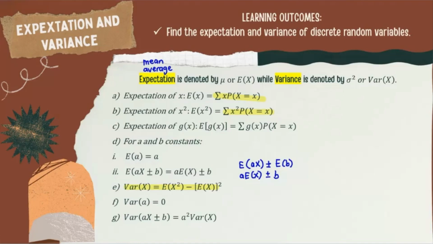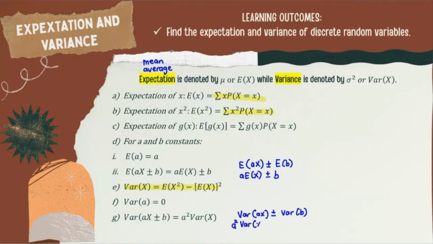So kalau saya gunakan properties yang sama seperti ini, okay, let's look. So variance of AX, it will be plus or minus with variance of B. So kalau ada constant dekat dalam X ini, kita akan bawa dia keluar tapi perlu squarekan dia lah.